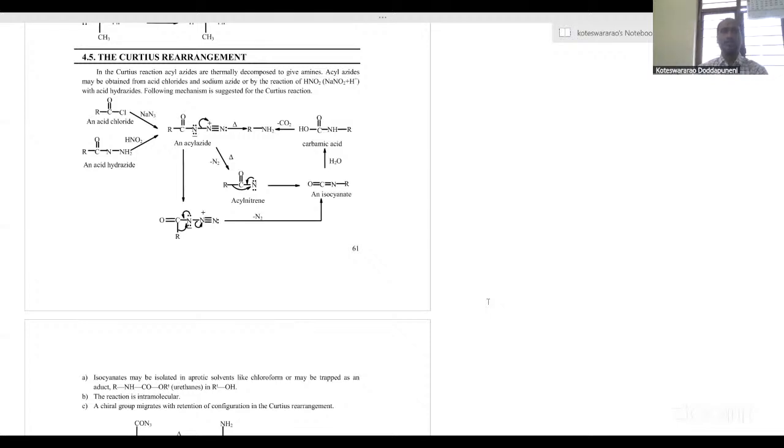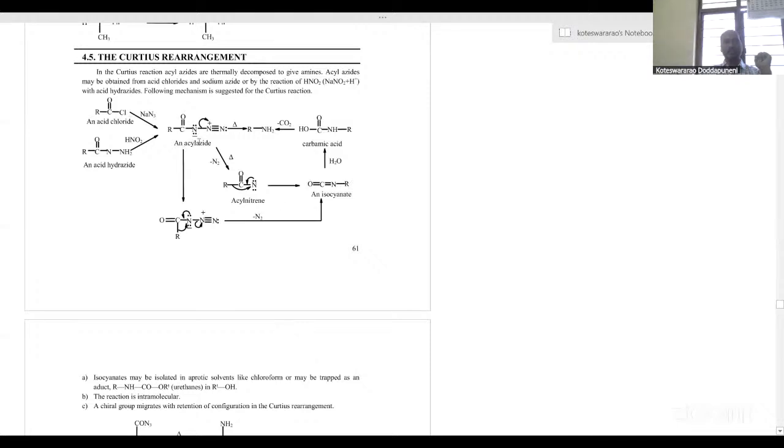Once the acyl azide is formed, whenever we are heating, it involves the removal of nitrogen gas that leads to the formation of acyl nitrene. This acyl nitrene is converting into the corresponding isocyanate.